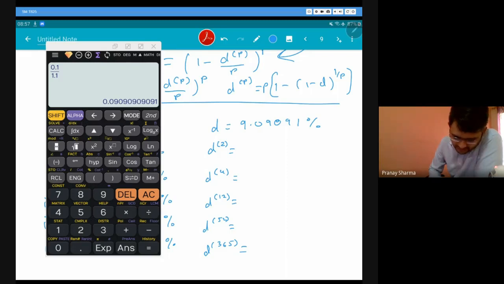So let's say we are storing it in A. I will just press this A button, and you can see that it has stored the value in A. Now I'll press AC, and whenever I need to use it, anything here in purple, and in our actual calculator you will see that it is in red, all I have to do is press alpha and then press that button. So I'll get alpha A, and if I say equal to, you can see I have the same value.